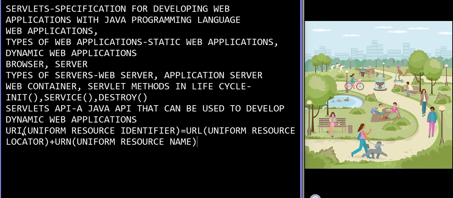We have mostly seen URL, the uniform resource locator, plus URN, the uniform resource name. They both together are called the uniform resource identifier. When we add them, it becomes a uniform resource identifier.